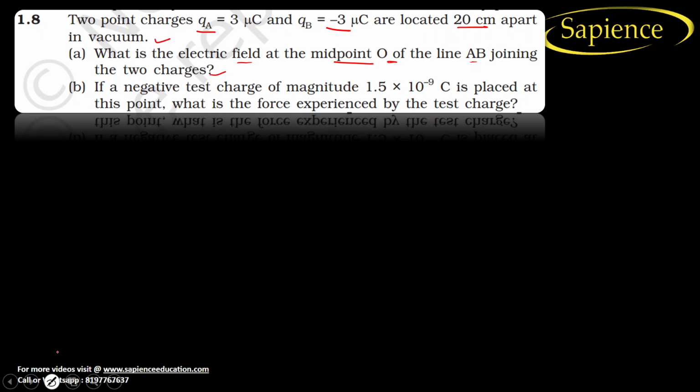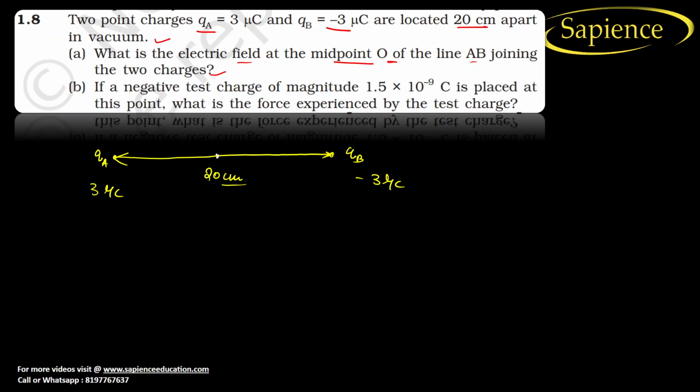So let us suppose there is a charge qa and there is a charge qb, got it? And the distance between these two is 20 centimeter, and qa is equal to 3 microcoulomb and qb is equal to minus 3 microcoulomb, right?